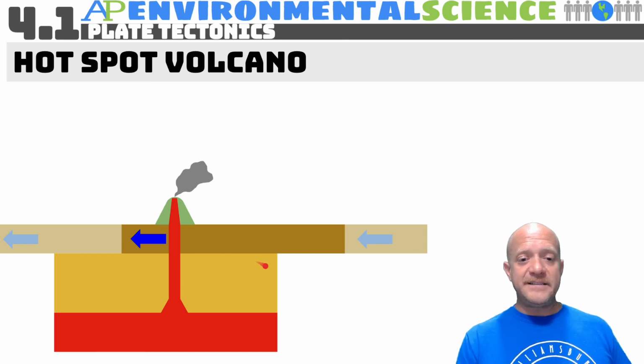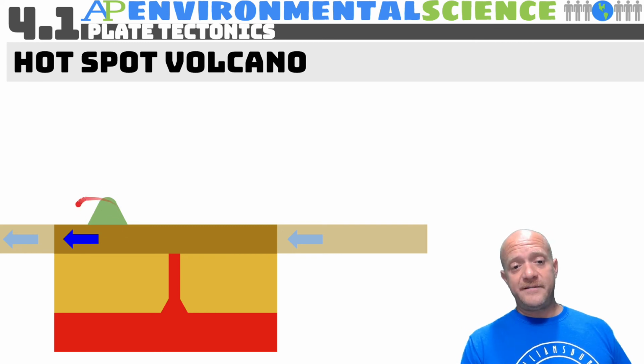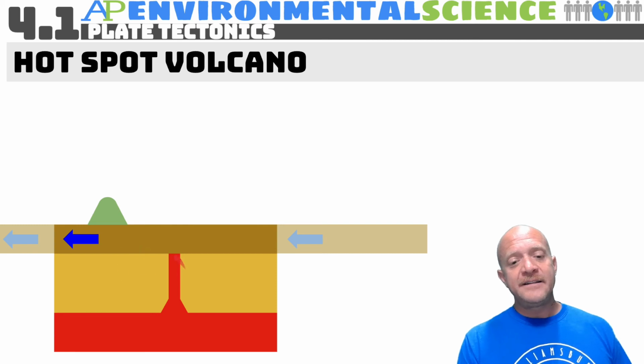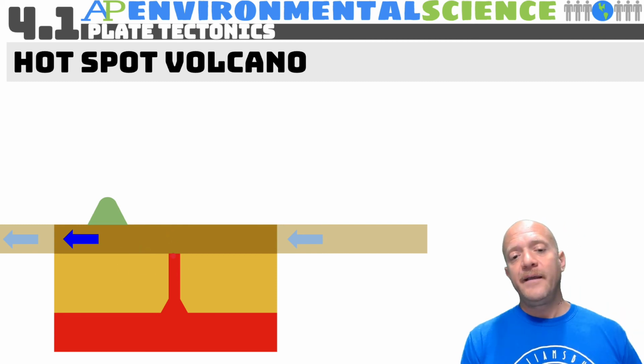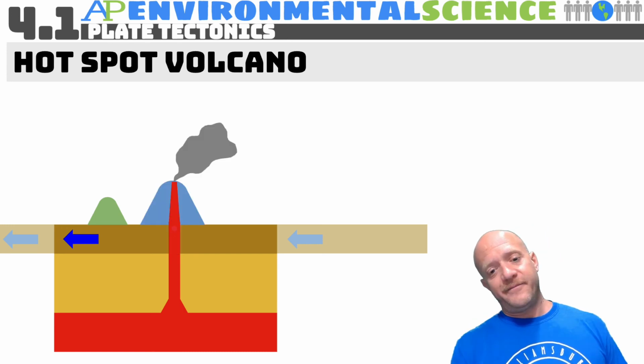Then this keeps moving, and now this volcano is dormant. It is no longer active because it doesn't have access to this magma. Then this part is now thin, and you're going to push through and form another volcano.